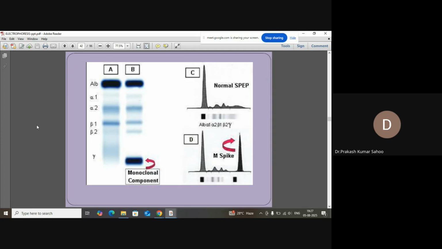So this is the albumin, and we have the migration of components with different electromigration characteristics.